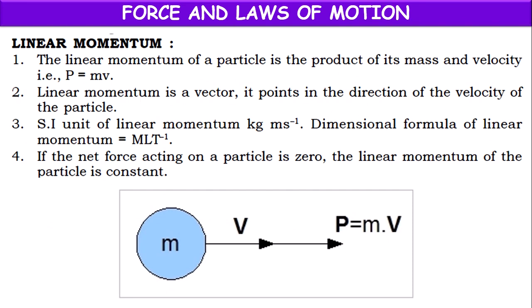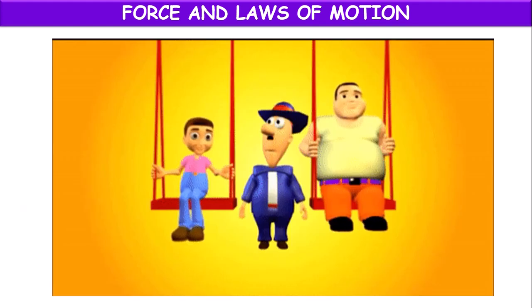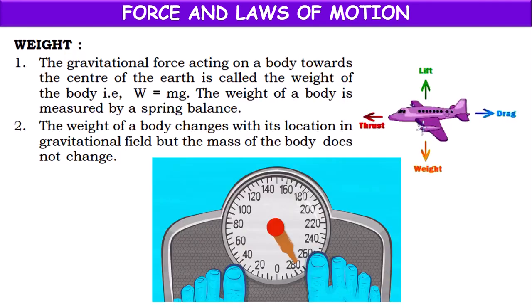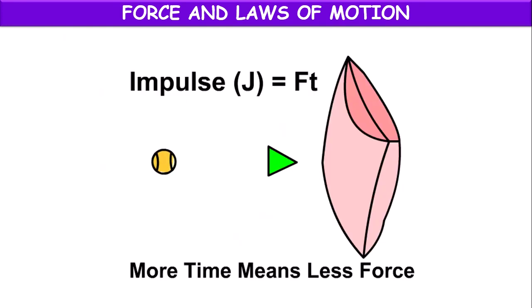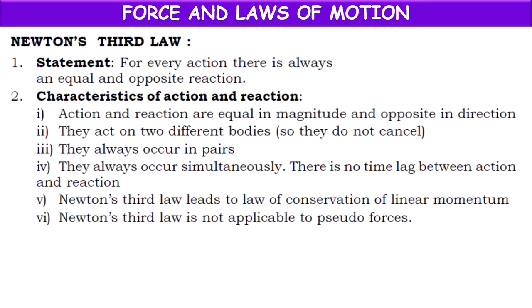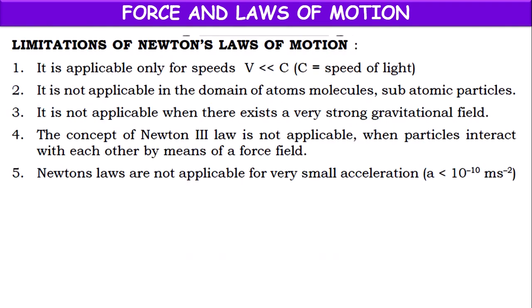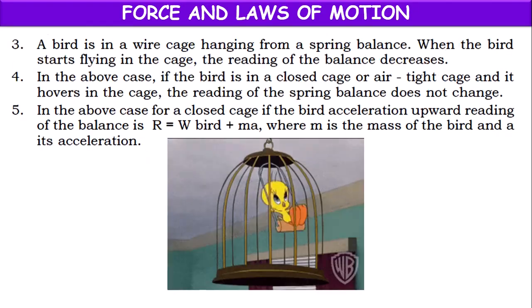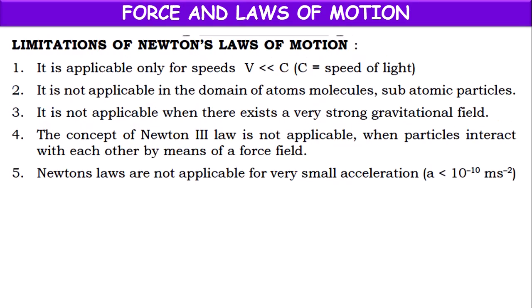Next, we will be having linear momentum. Based on that, Newton's second law is proposed. And we have weight, impulse, and Newton's third law, which is based on action-reaction, and some limitations of Newton's laws of motion. These are all we will be learning in our next video, children.